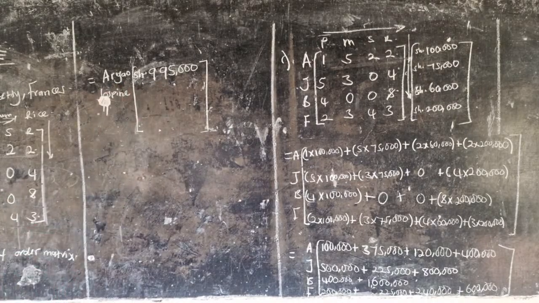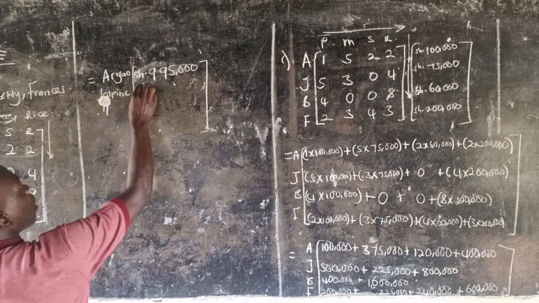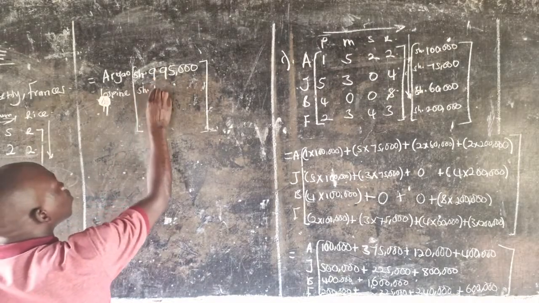For Josephine, we have 500 plus 800, so 800, then plus 500. So we have 1,300,000 as total amount for Josephine.